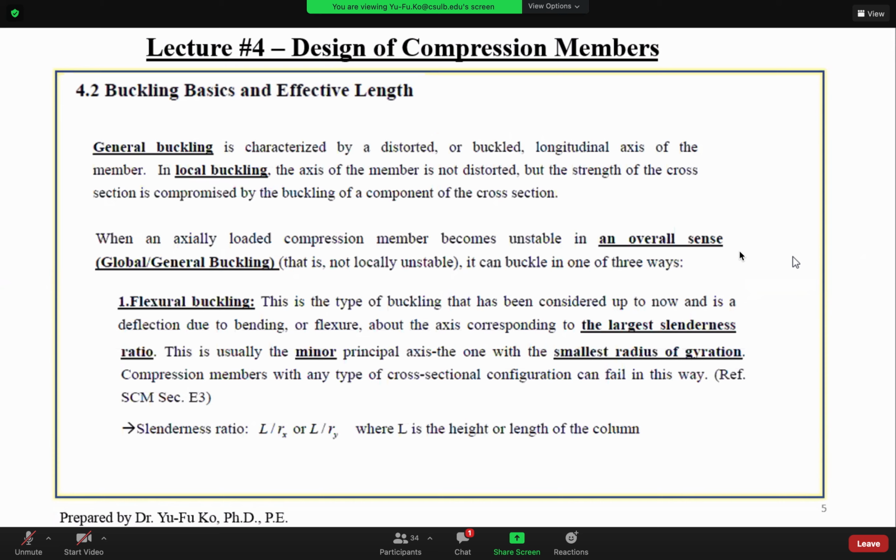I have a question, Professor. Go ahead. For the weak axis, this means it's going to have a smaller radius of gyration. Yes. And does it mean that it's going to have less stiffness? Or less moment of inertia. What is R? R is a function of moment of inertia.